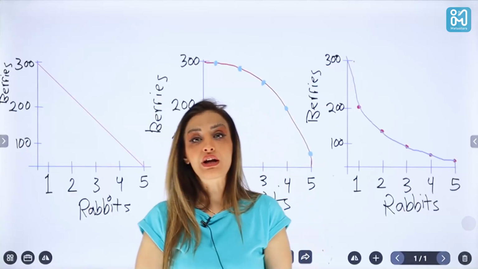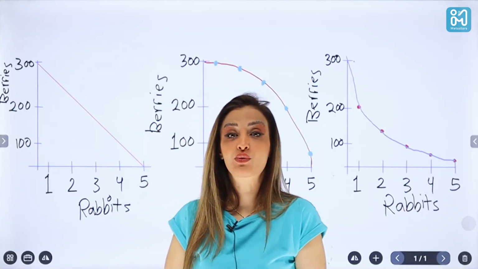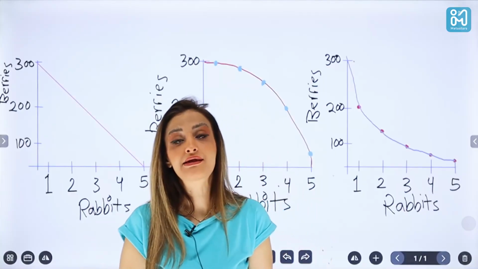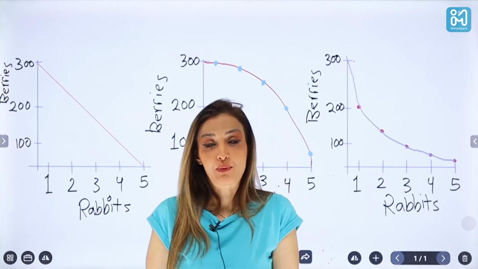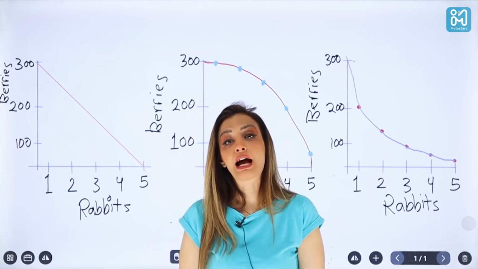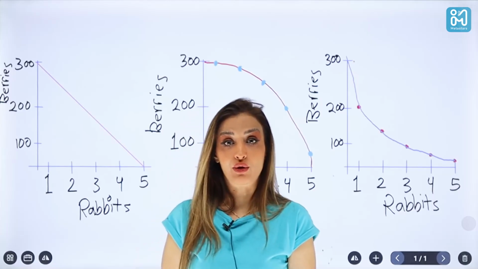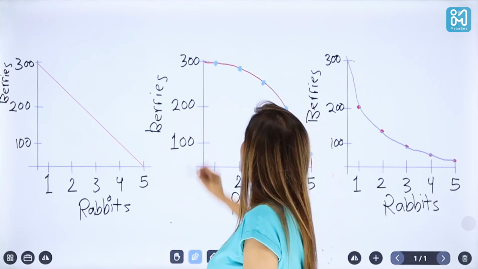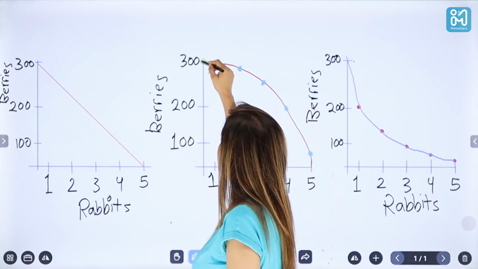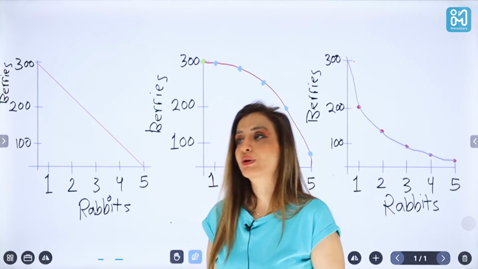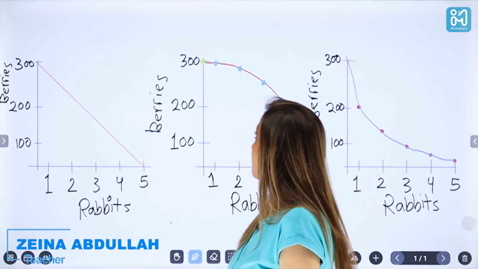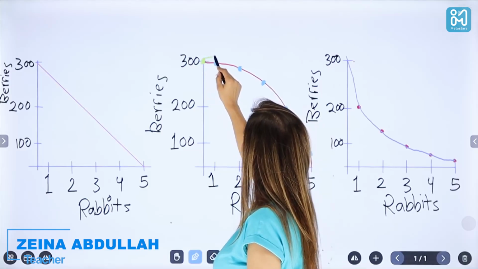So let's start with increasing opportunity cost with the middle graph, and let's see how we trade off one of my products for another, and how that affects your opportunity cost. Imagine that you already have 300 berries in your basket, and then you decide to catch one rabbit. So you move from here to here.